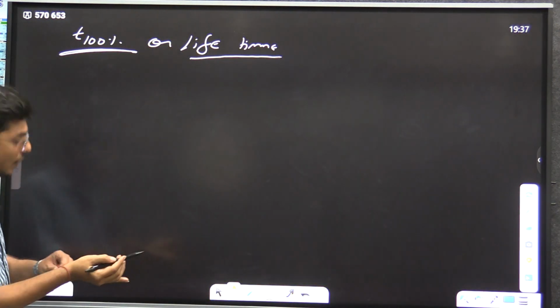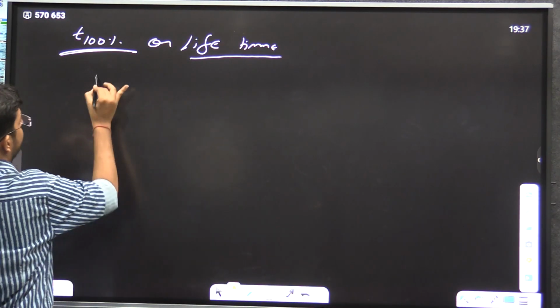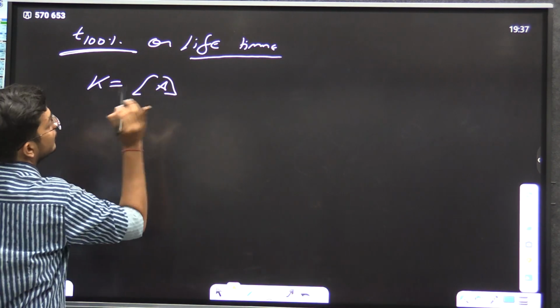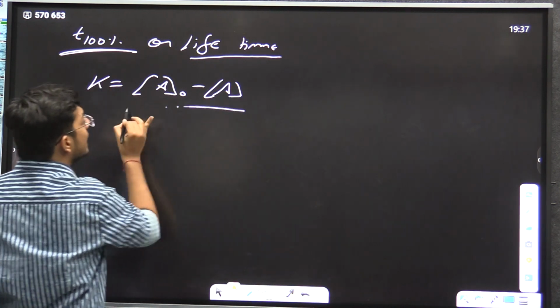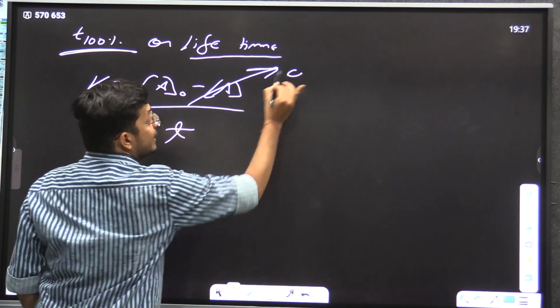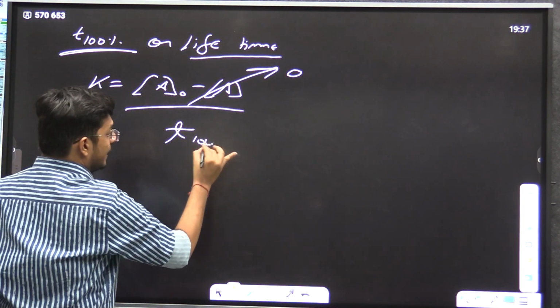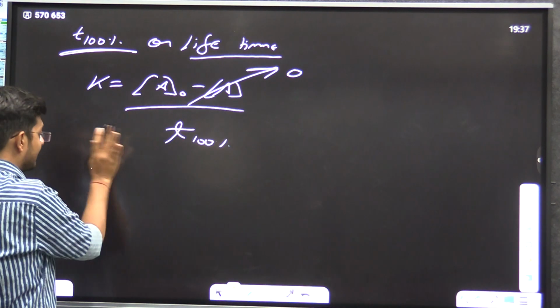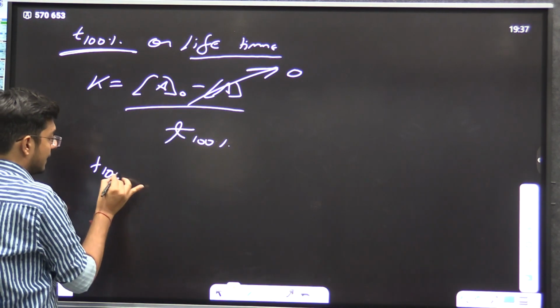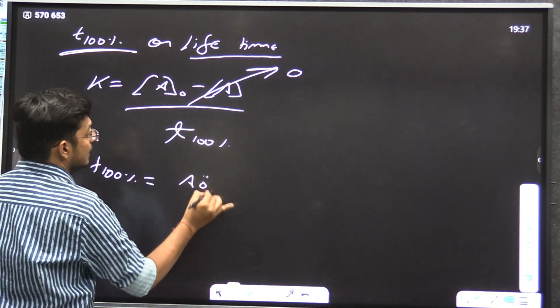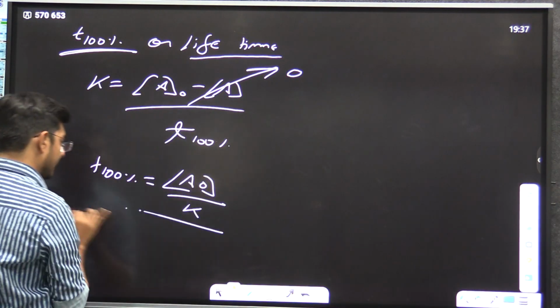That means 100% of the reactant is consumed, that is A naught minus A by T. Now nothing is left, this should be 0, and this T 100% is A naught by K.